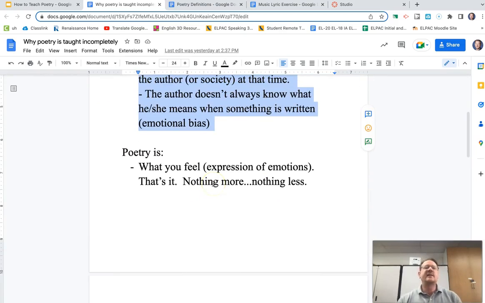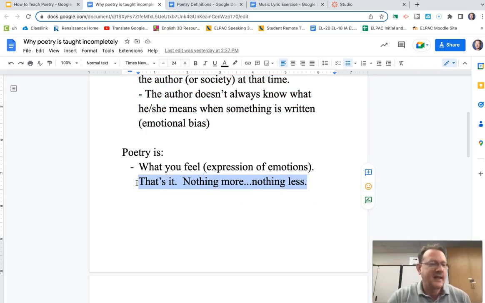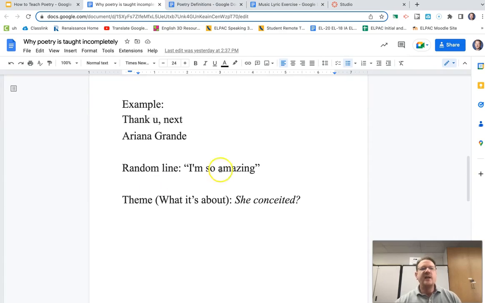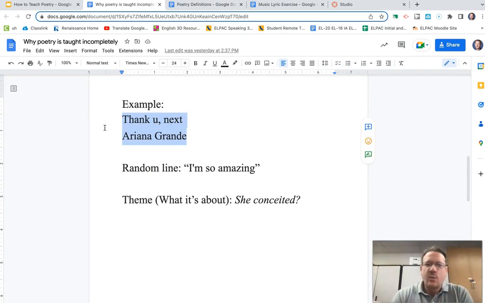And I say, look, poetry is really what you feel. It's an expression of emotions, unless you're getting paid to write the poem, right? And I say, it's whatever you're feeling, just put it out there, right? That's poetry. And I use this example of Ariana Grande, Thank You Next. I pulled a random line. There's a line in the song where she goes, I'm so amazing. And I asked the students, is that what the song is about?